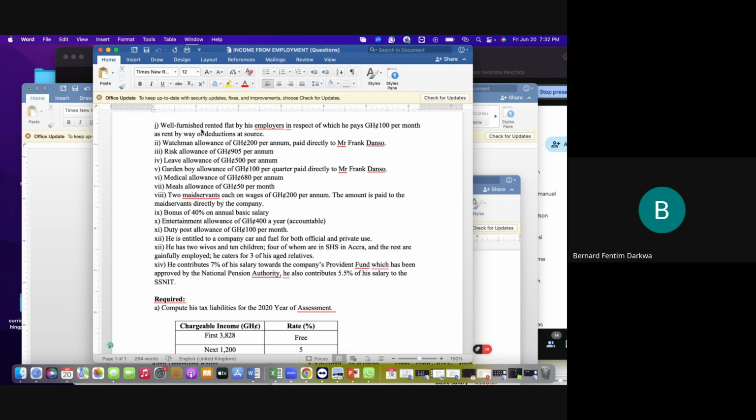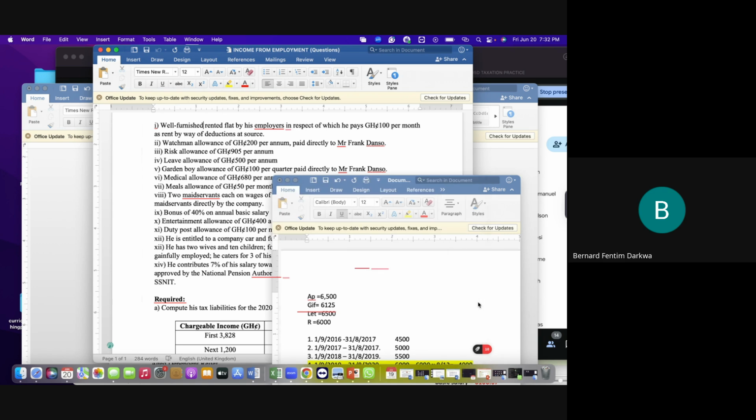In the exams, we will not see any percentage, but the moment you see well furnished accommodation, or shared accommodation, or accommodation only, you should remember the percentage attached. So once you see that he is given well furnished accommodation, 10%.